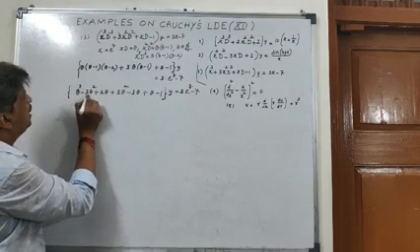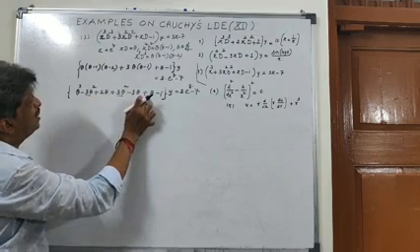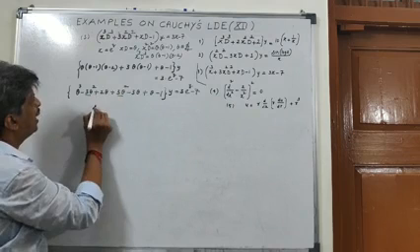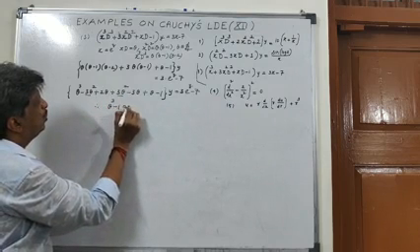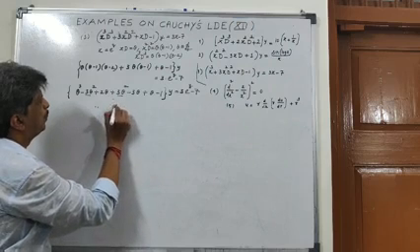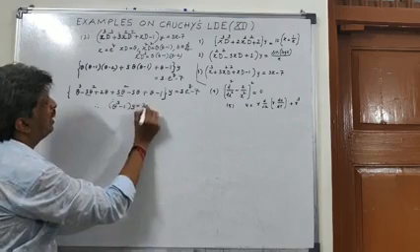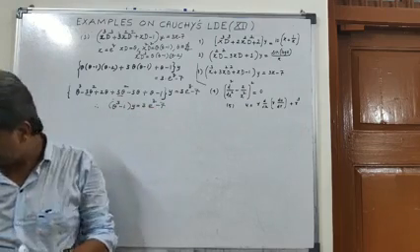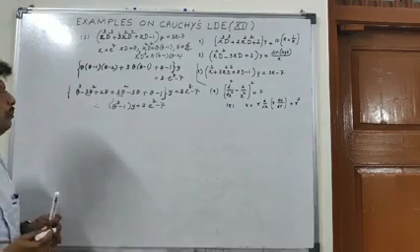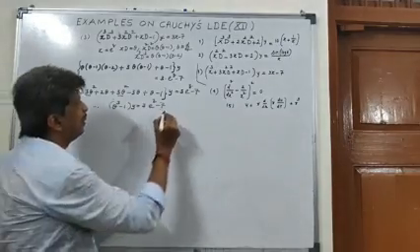So minus 3 theta square plus 3 theta square goes. 2 theta plus theta is 3 theta minus 3 theta, that also goes. That reduces to theta cube minus 1 into y is equal to 3 times e raised to power z minus 7. So this is Roman 1.